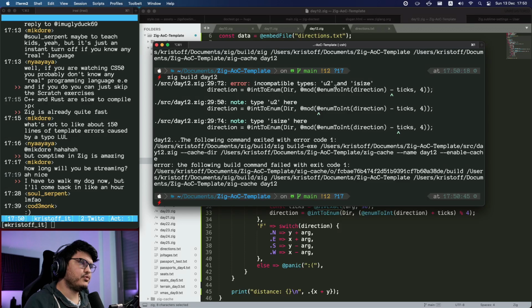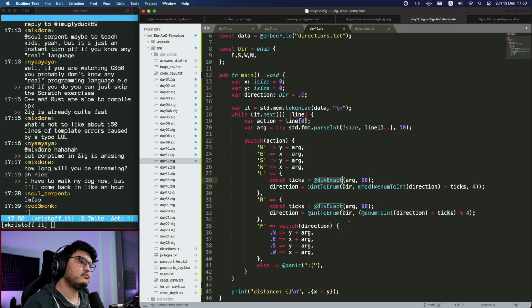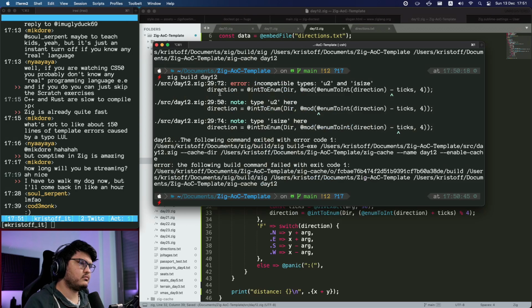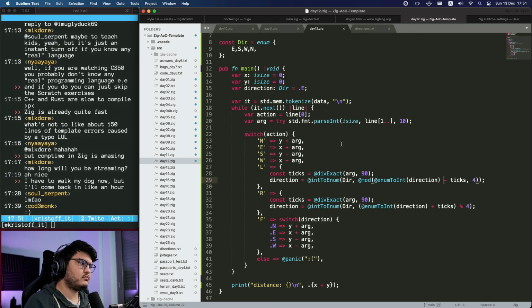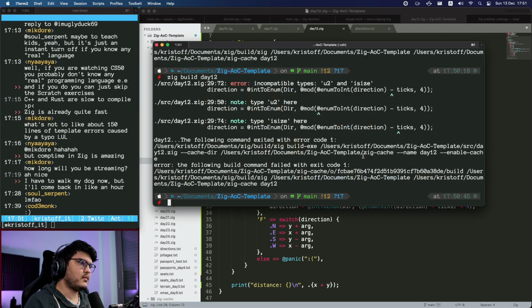Incompatible types u2 and isize. Type u2 here.